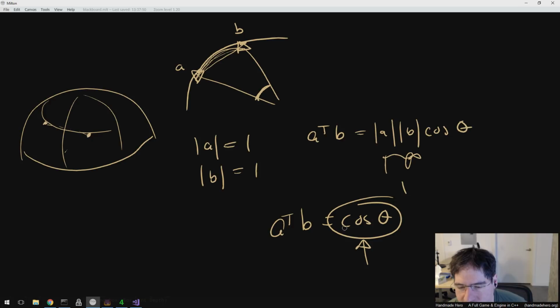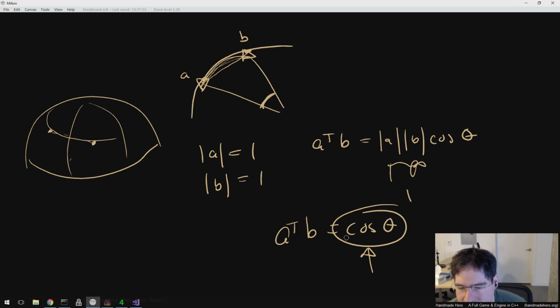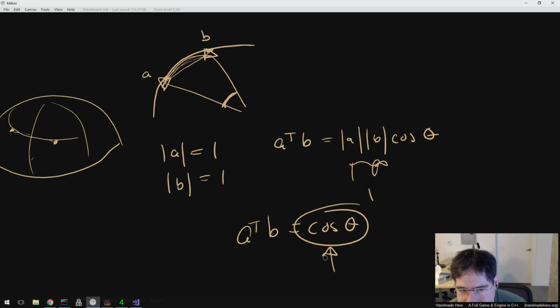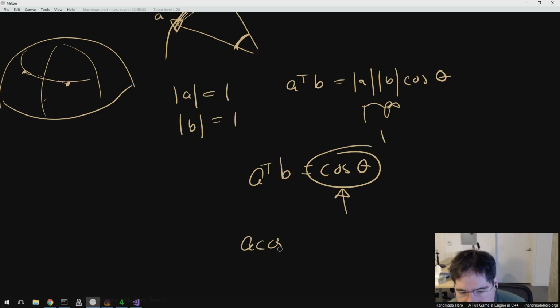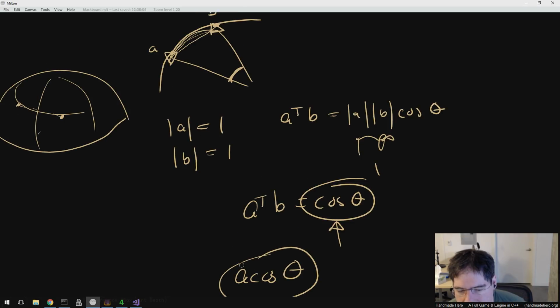So I can measure the angle between them very reliably by just looking at the cosine, right? Cosine theta tells me exactly what I want. And furthermore, if I took the arccos, I would know exactly what the angle was too. So I can basically pick a minimum angle if I want to, and use that minimum angle instead as the comparison function.